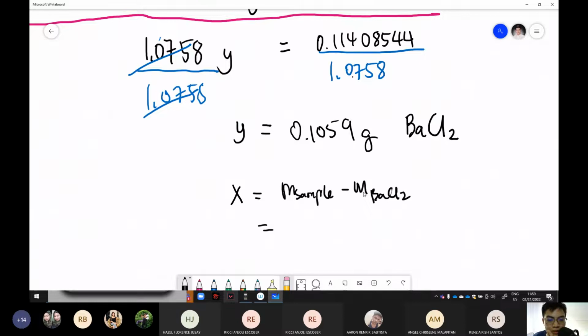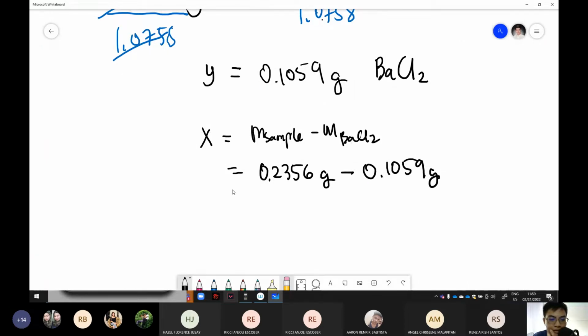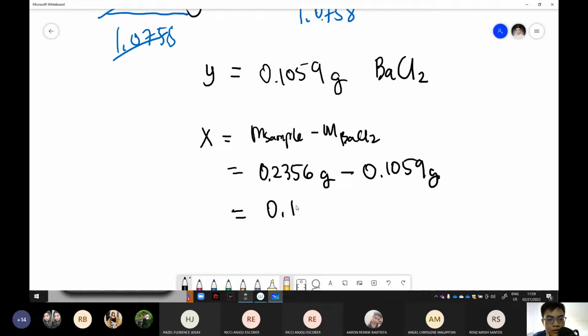So, that is 0. Asan yung mouse? 0.2356 minus 0.1059. Okay? Ano yung difference? 0.2356 minus 0.1059. 0.1297 grams NaCl.